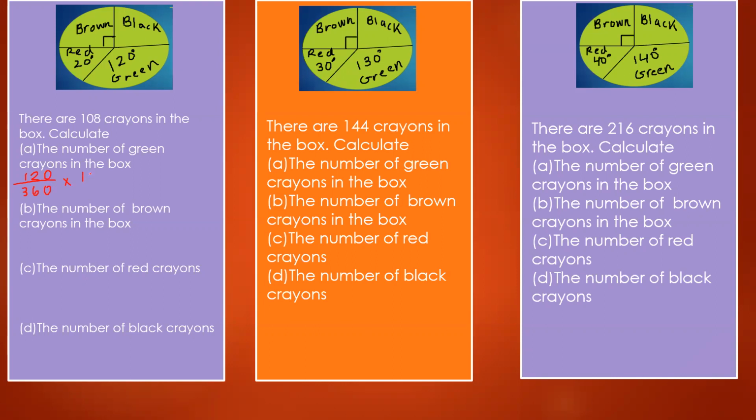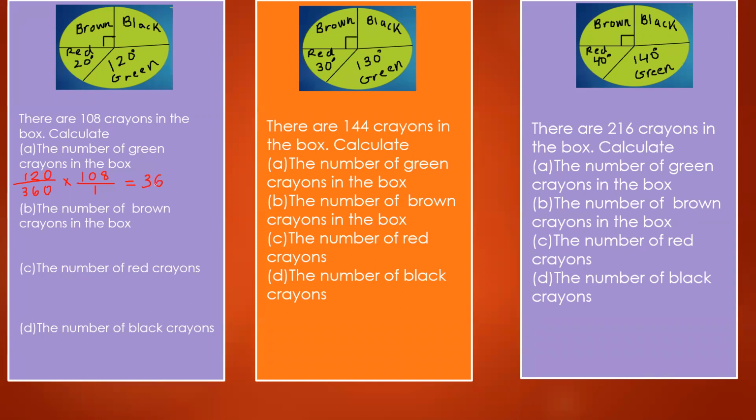Then you get 1,296 over 36. You divide that and you get 36 flat. Did anyone else get 36? Yes, sir. So 120 divided by 360 multiplied by 108 over 1, you get 36. That's absolutely correct.